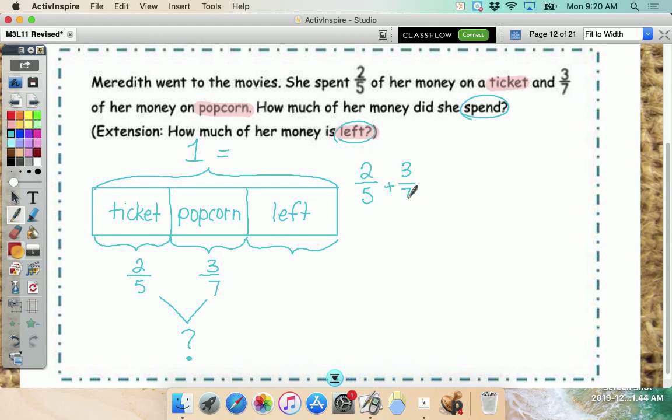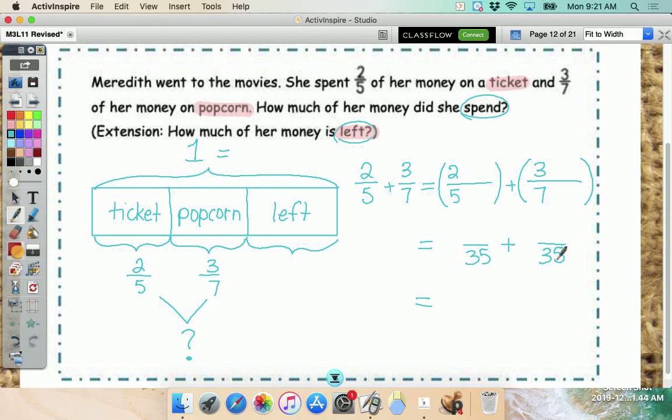And last week we learned a new way to add these, didn't we? With parentheses. What's the common denominator for 5 and 7? You're right. Okay, can you solve that?